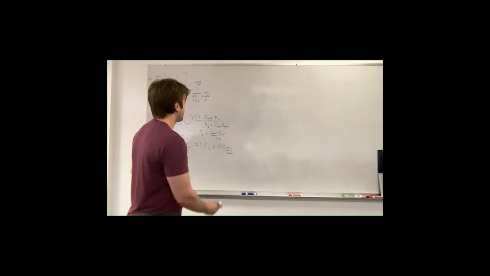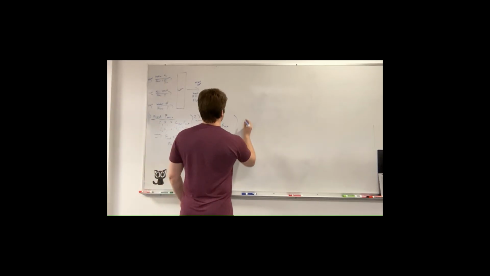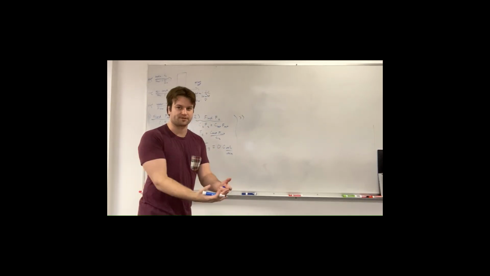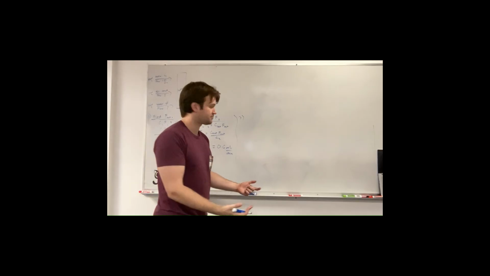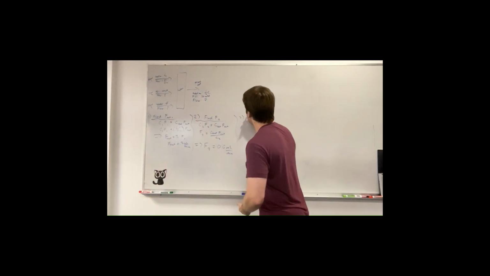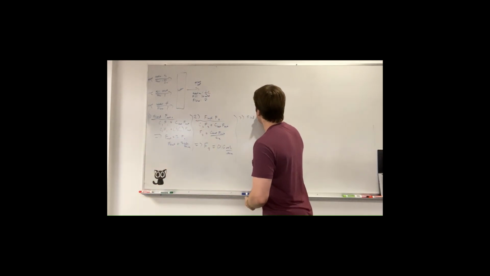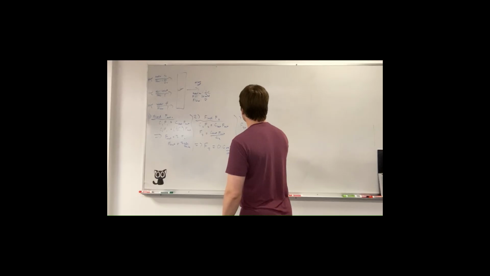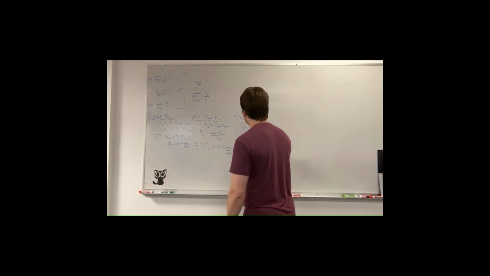All right, and then from there, all we need is the flow of the last one. And that one's easy because all you have to do is add up all the flows, because the flow rates are going to be conserved. The total volume is going to be conserved. So find F3, it's just the total going in equal to the total going out. So F1 plus F2 plus F3 is equal to F out.